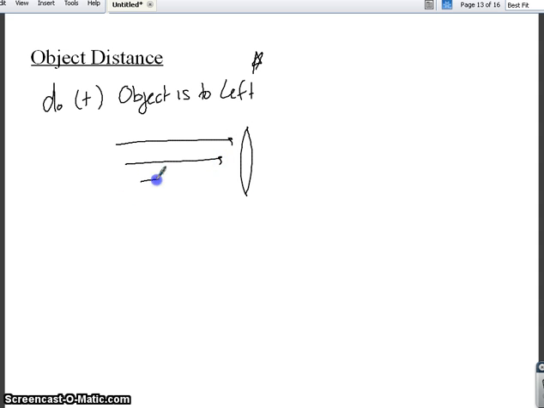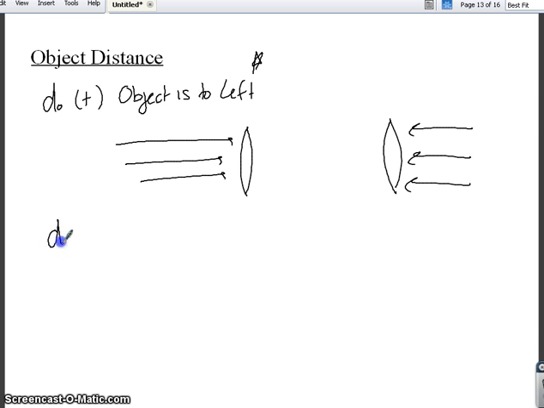If for some reason the problem had rays coming in from the right, then DO would be positive on the right-hand side. But typically we always draw them coming in from the left. It's just been typical over the years.